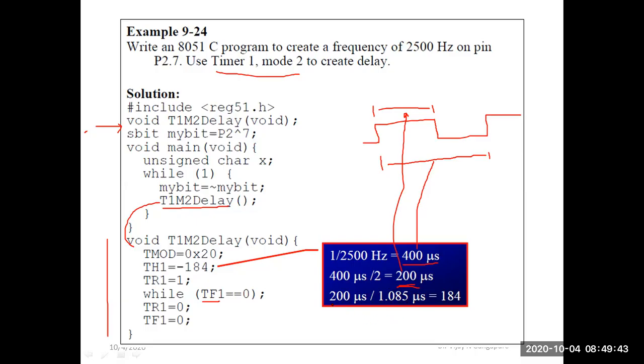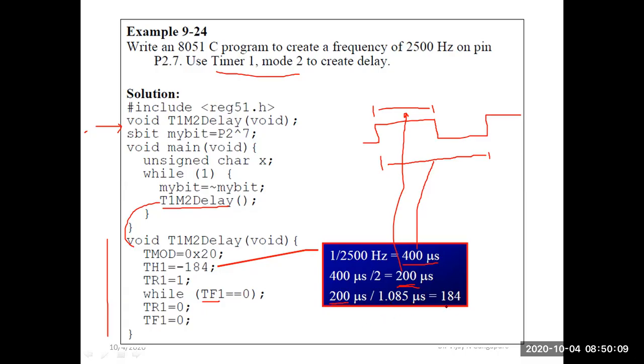Divide the desired time delay, 200 microsecond, by 1.085 microsecond, because we have assumed an oscillator frequency of 11.0592 megahertz. So the timer clock frequency is 11.0592 divided by 12, and its reciprocal, its time period, is 1.085 microsecond.